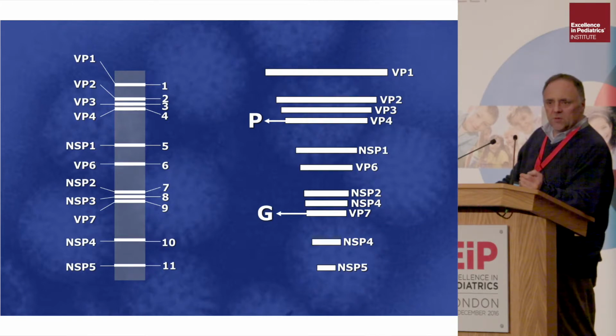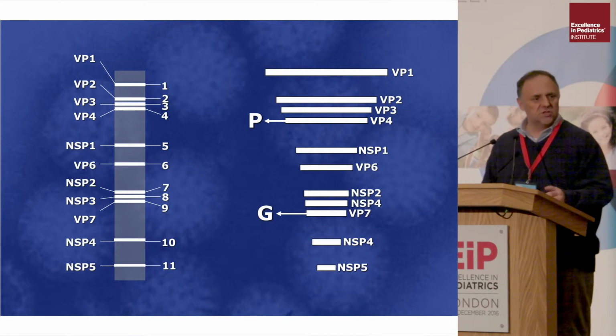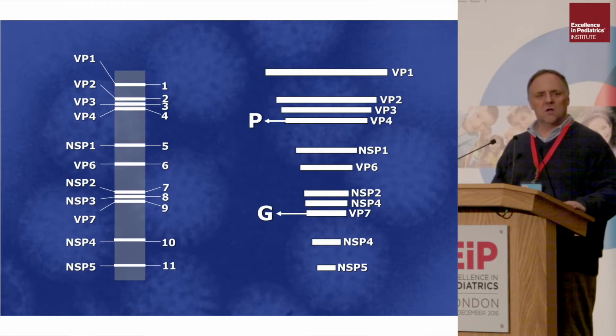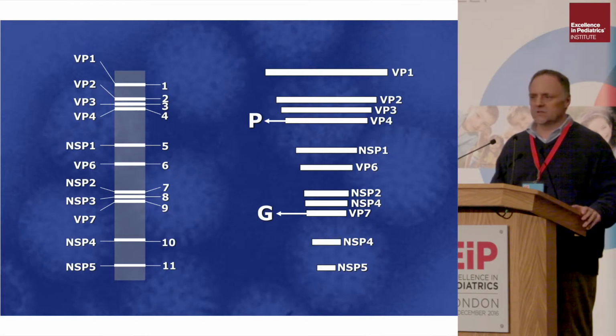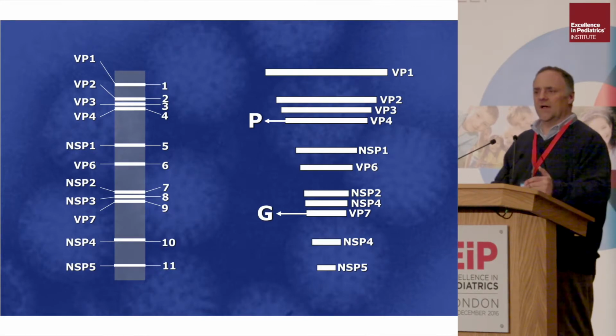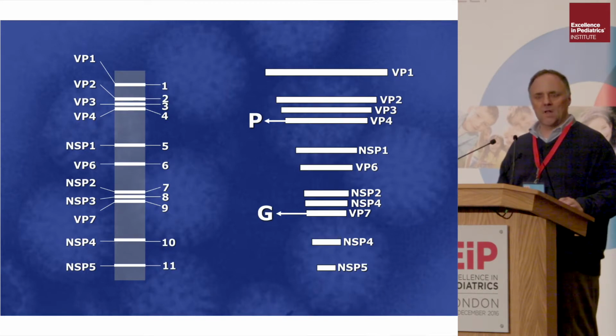That can be explained by the nature of its genome. Rotaviruses have a segmented genome. Segmented genomes are unusual in human medicine. In fact, there are only 3 virus groups in human medicine that are important and have a segmented genome.